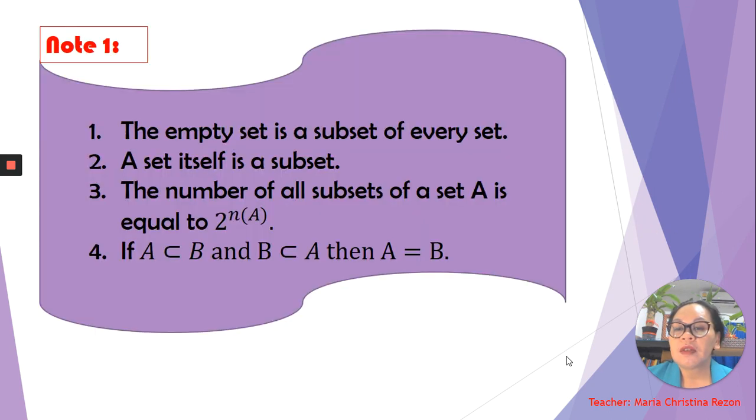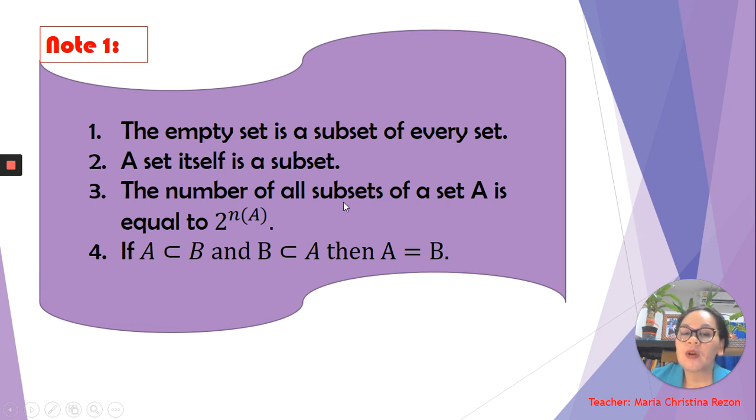Then let's have some notes or some statements here that are true for subsets. An empty set is a subset of every set, and it is a proper subset. And then the second one, a set itself is a subset.